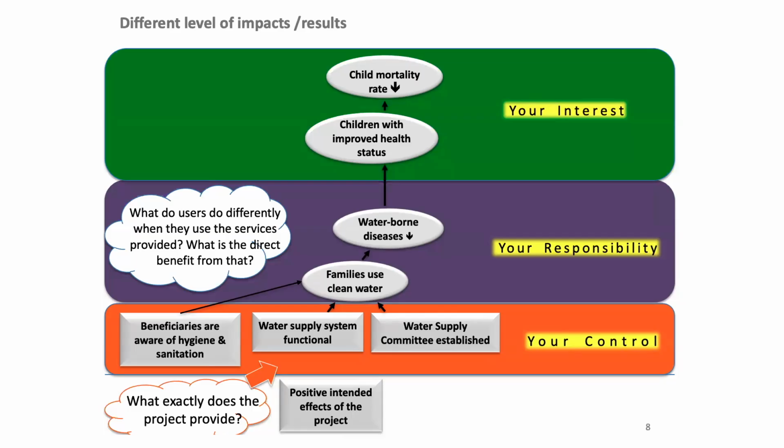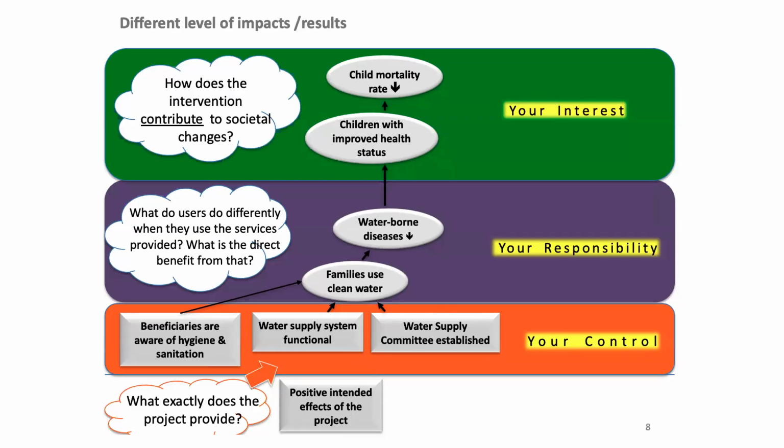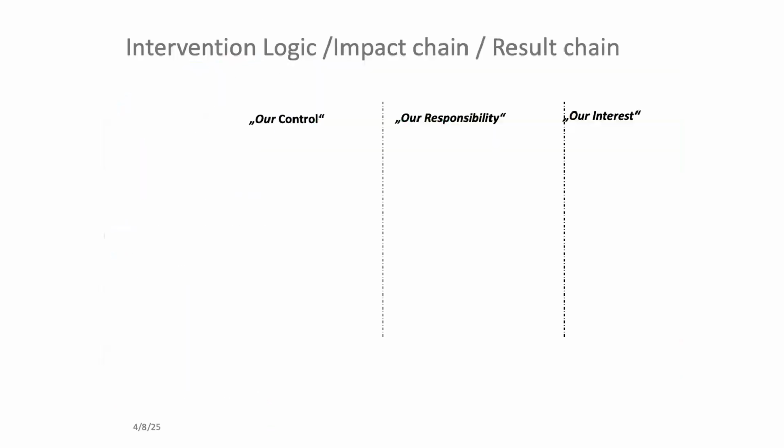And for the change at the mortality rate level, even less. So here we contribute to societal change. With these different levels, we have now created our intervention logic. Other organizations call it also impact chain, and even other organizations call it result chain. It's all the same.